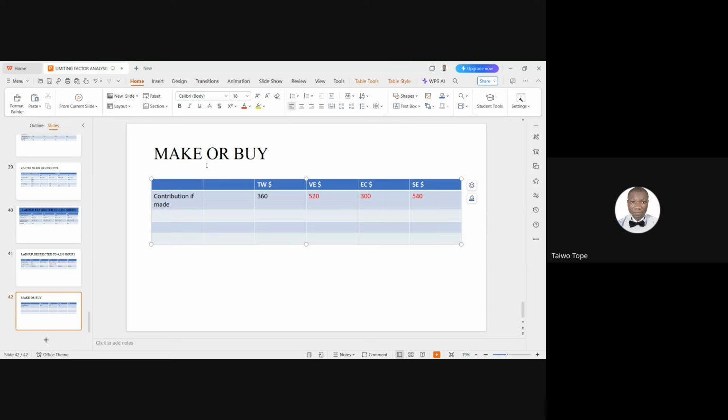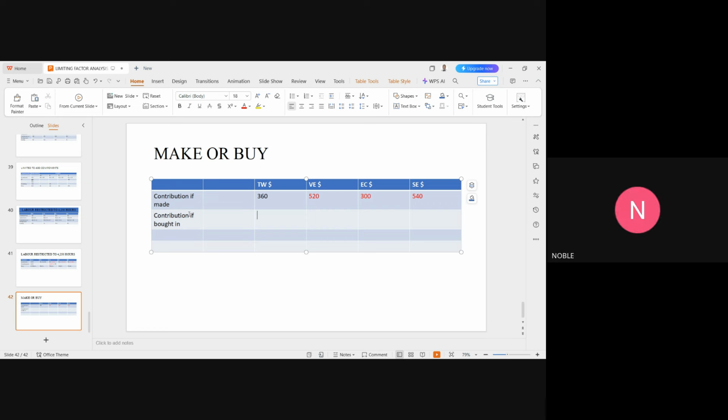If it is outsourced, what will be the contribution of TW? 285. Contribution if bought in, take note of that English, bought in or outsourced. Let me show the workings. Selling price of 760 minus 475 gives 285.